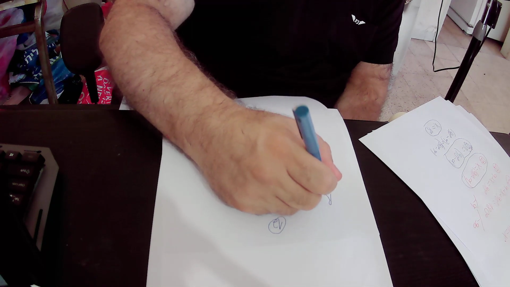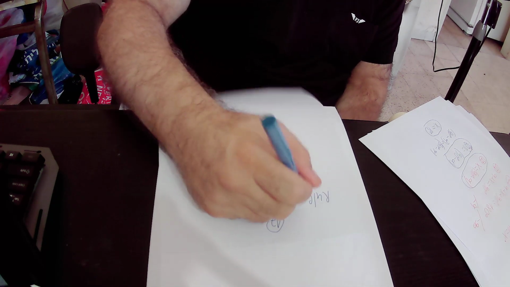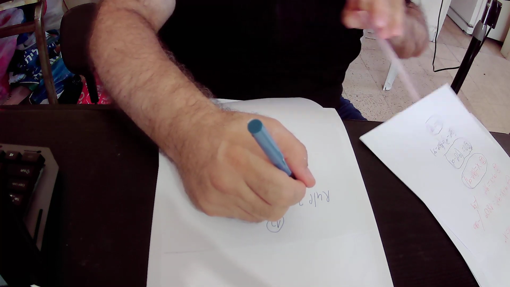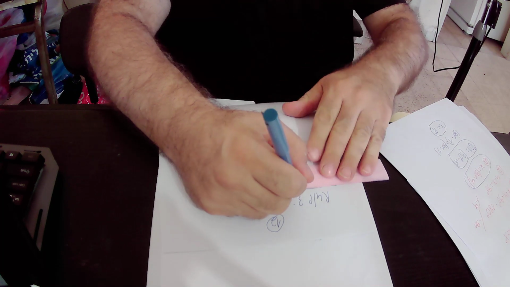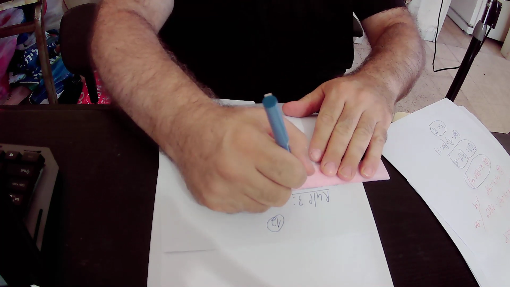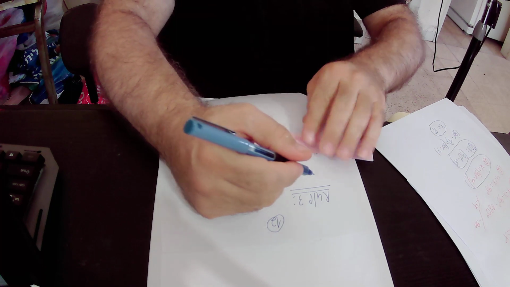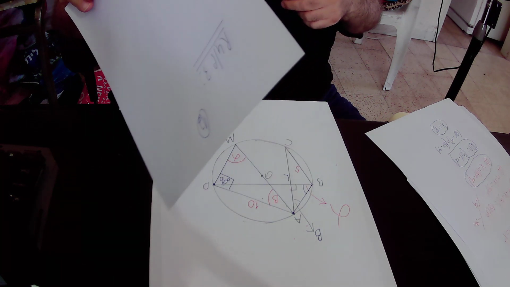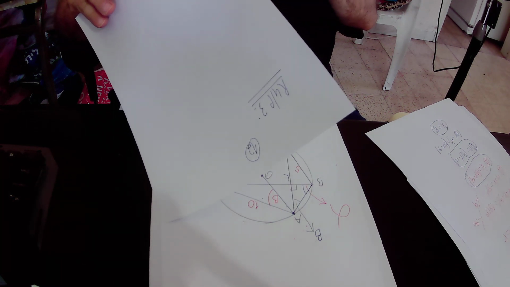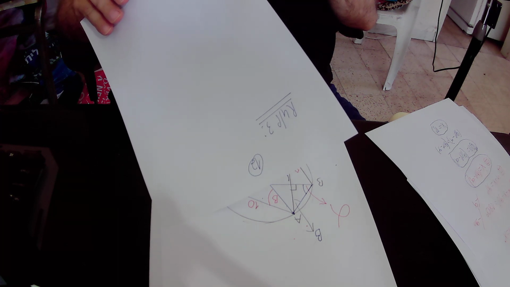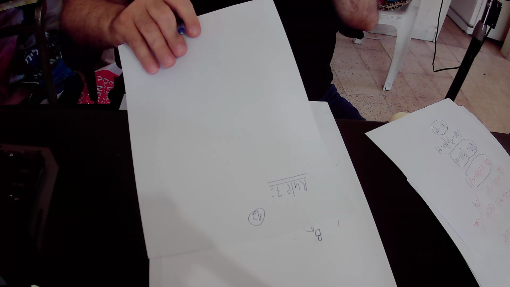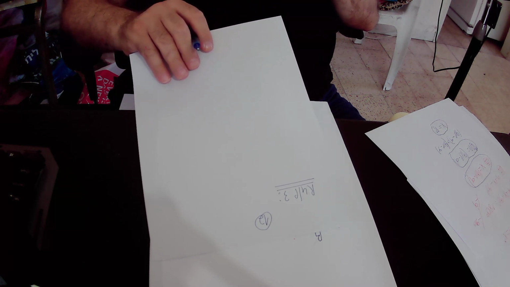Rule number 3 states that equal peripheral angles rest on equal chords or arcs.